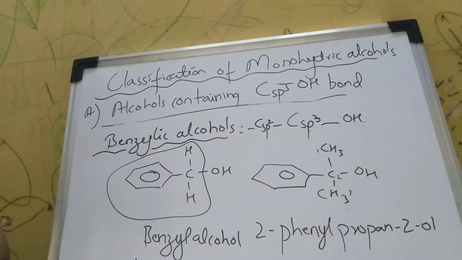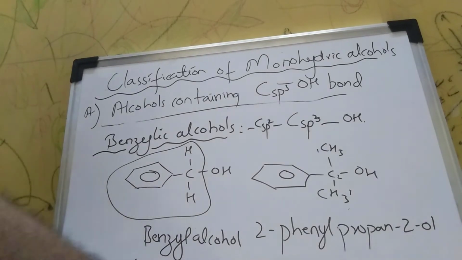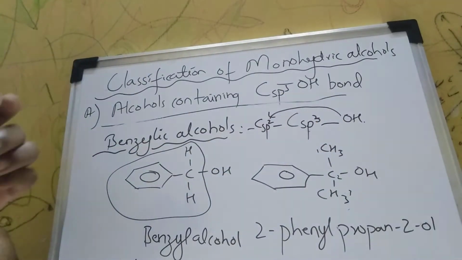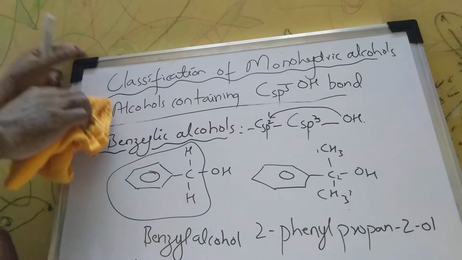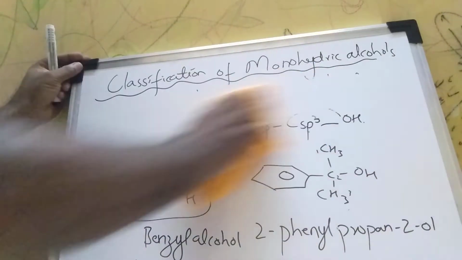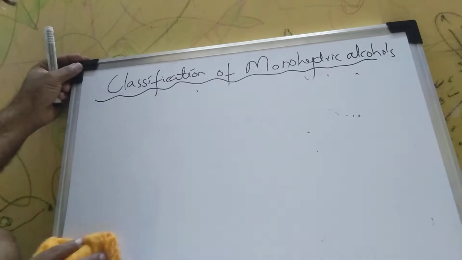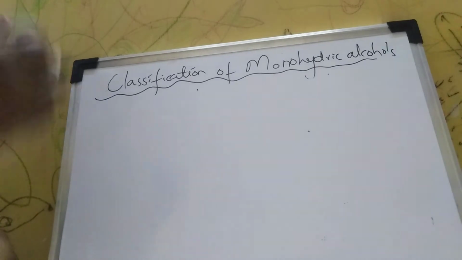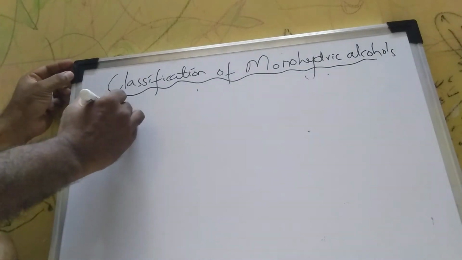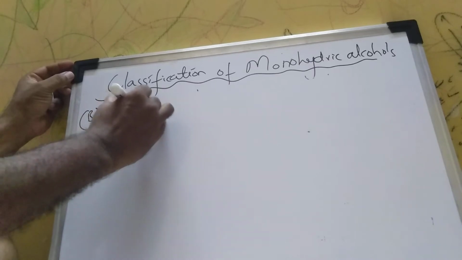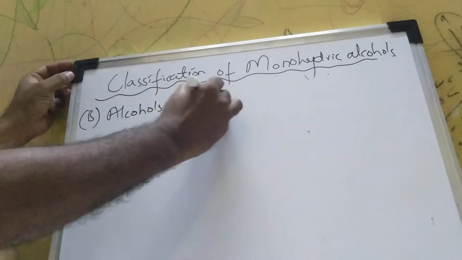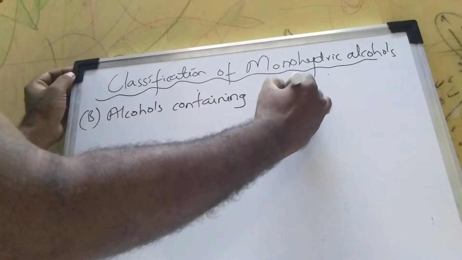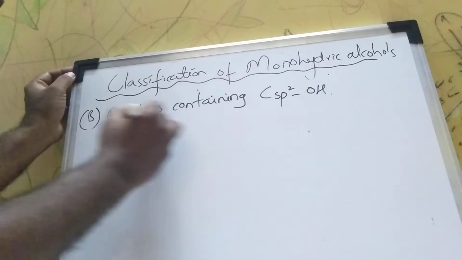Now there is one more short classification: when the OH is attached to an sp2 hybridized carbon atom. Alcohols containing C sp2 OH.